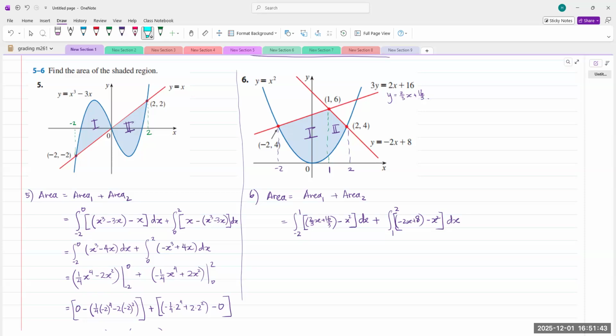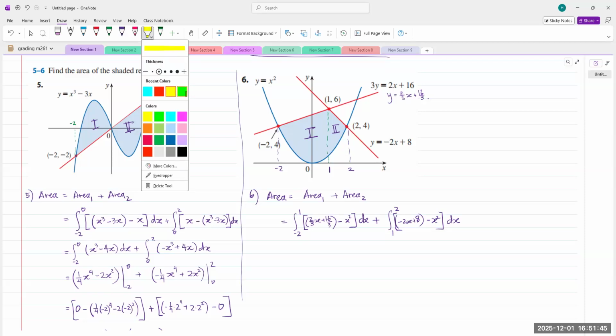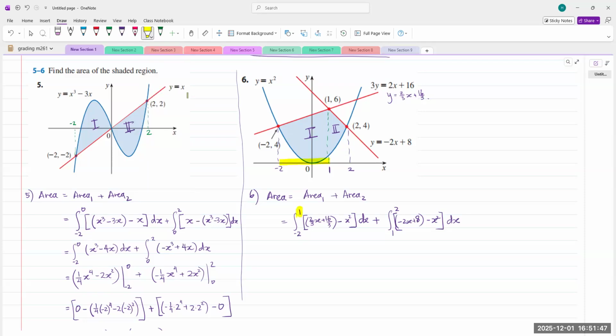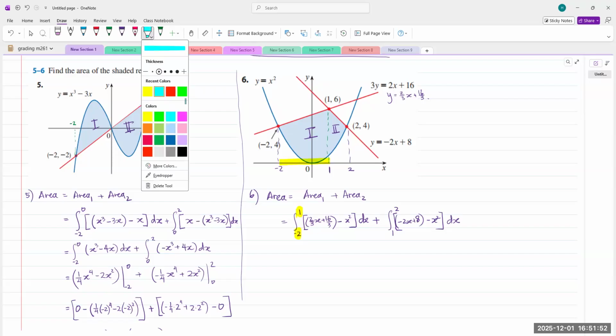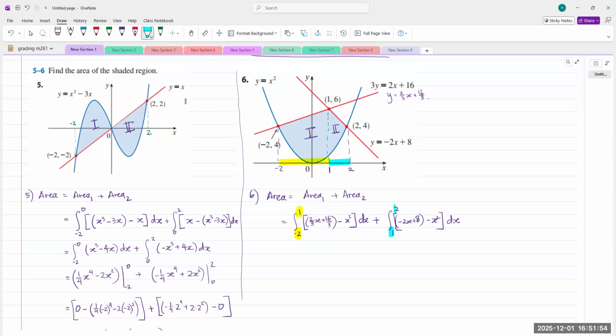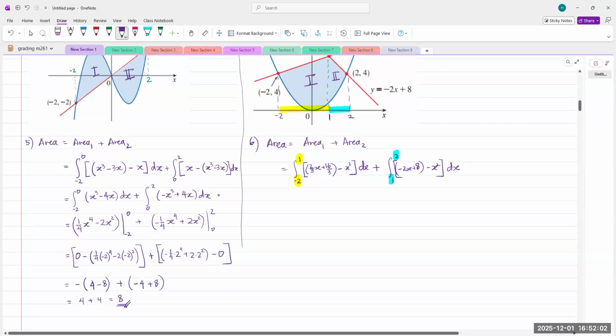You know what? I think I have some idea. Like this is the first region, and then this is my second region. And I highlight this much. I think that's good enough for you to see. Right? Now from here, it's just integration. Let me squeeze a little bit to the left.